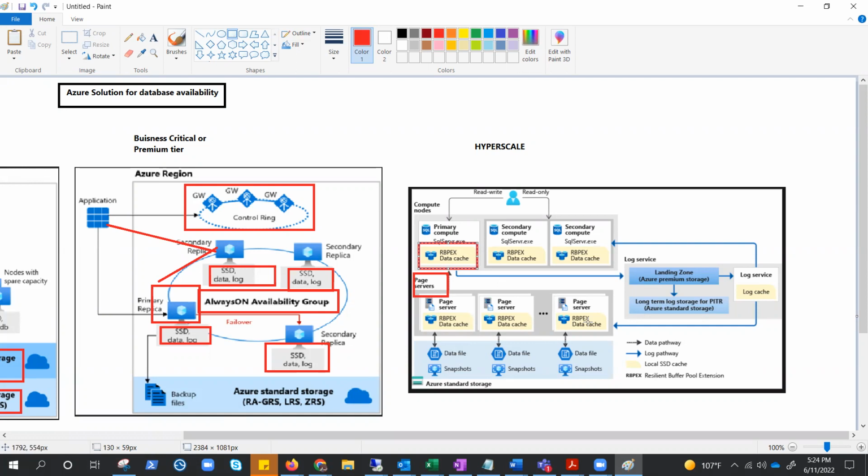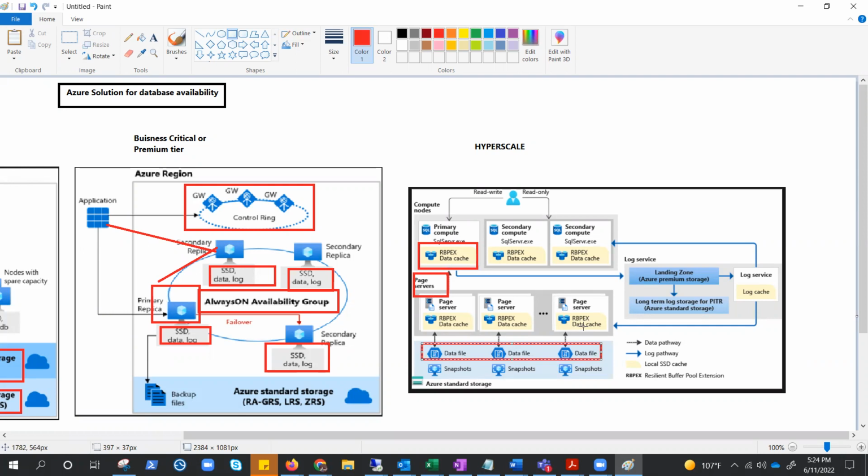You can scale horizontally to put all the data in caching layers. This new architecture also allows Hyperscale to support databases as large as 100 TB. I hope you are getting the point, because the data file is right here. This is in caching, which is horizontally scaling.